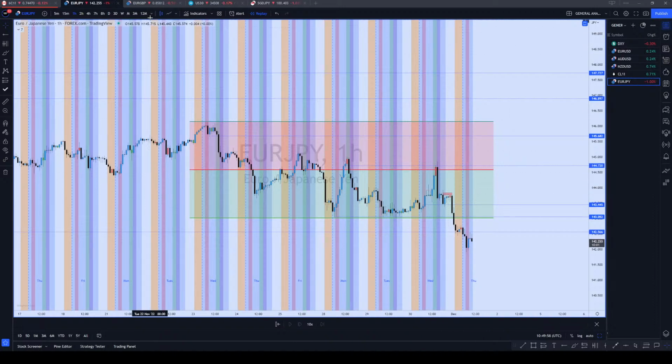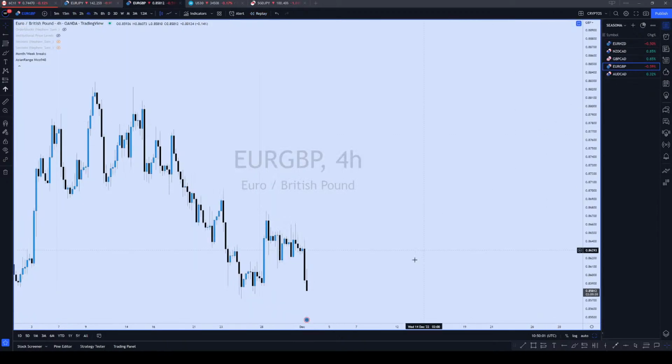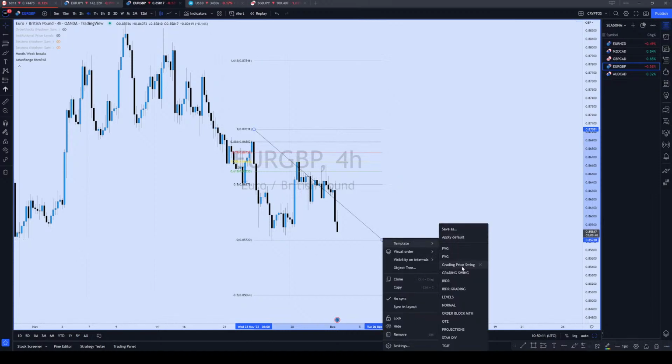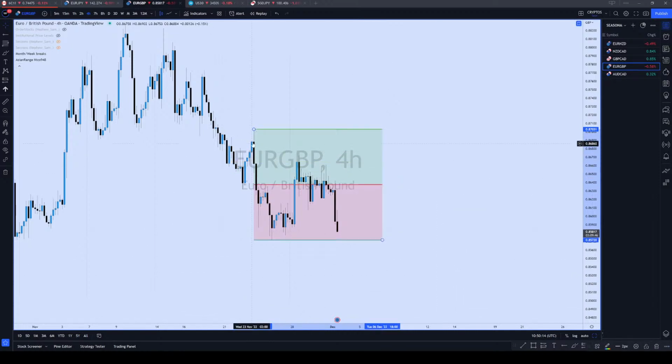There's another example that I did on Euro Pound, which I'm going to show you here. Same thing, right? If you divide this chart into two, and then you have your premium and discount, okay, that's your premium and discount.